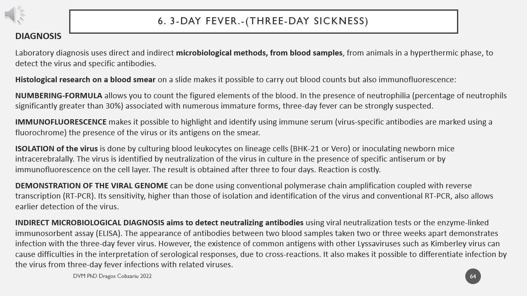Its sensitivity, higher than those of isolation and identification of the virus and conventional RT-PCR, also allows earlier detection of the virus. Indirect microbiological diagnosis aims to detect neutralizing antibodies using viral neutralization tests or the enzyme-linked immunosorbent assay, ELISA.